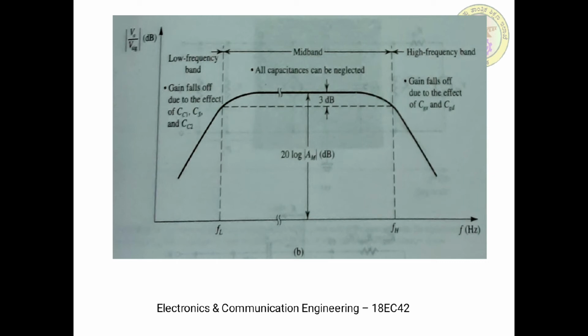Here you observe what the different sections are, because we are discussing the 3 frequency bands: the low frequency band up to FL, then the mid frequency band, and later the high frequency band. So the 3 frequency bands are the low frequency band, mid band, and high frequency band.